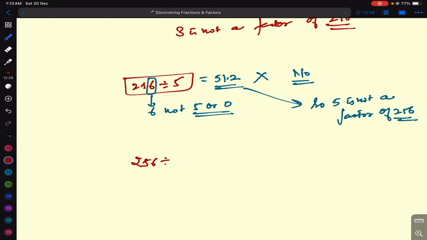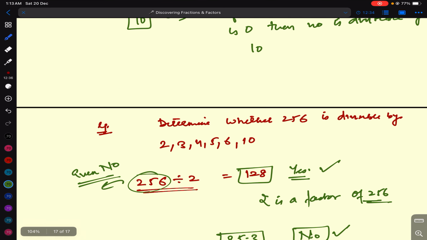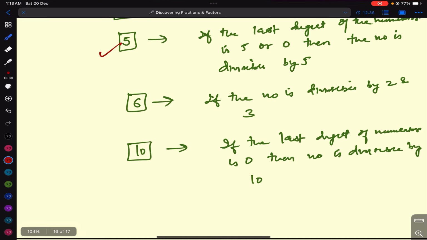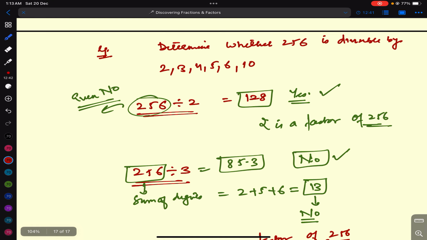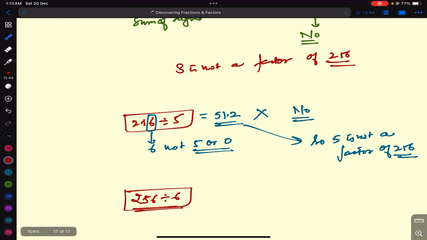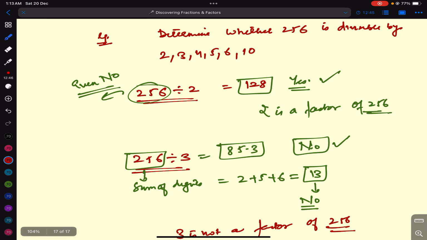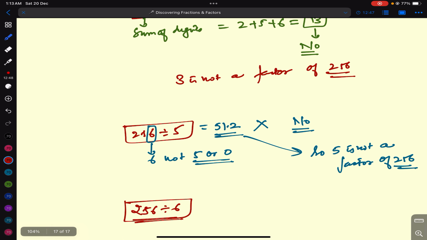Now we'll be dividing 256 by 6. Now when it comes to 256 divided by 6, what was the rule? What was the rule for 6? If the number is divisible by 2 and 3. So now as we have seen, it was divisible by 2 but not divisible by 3. Correct?